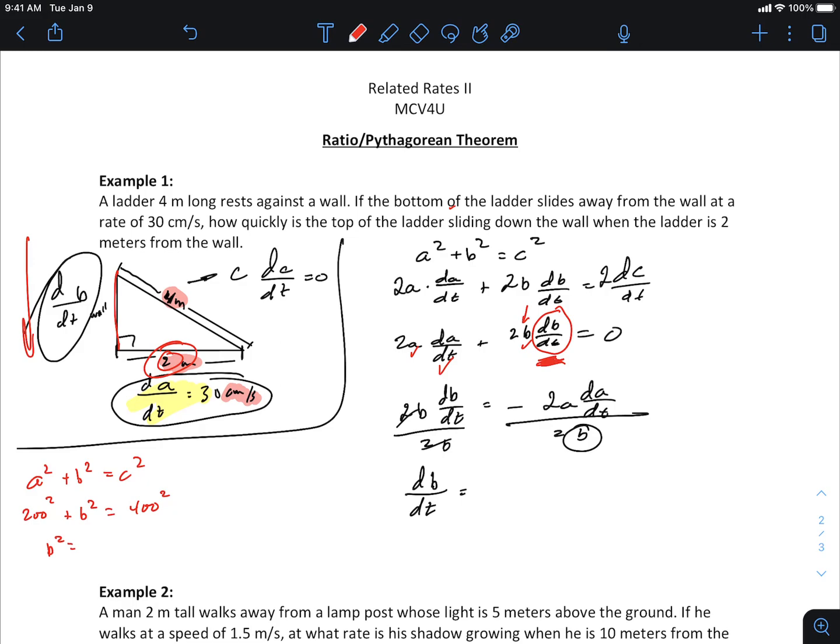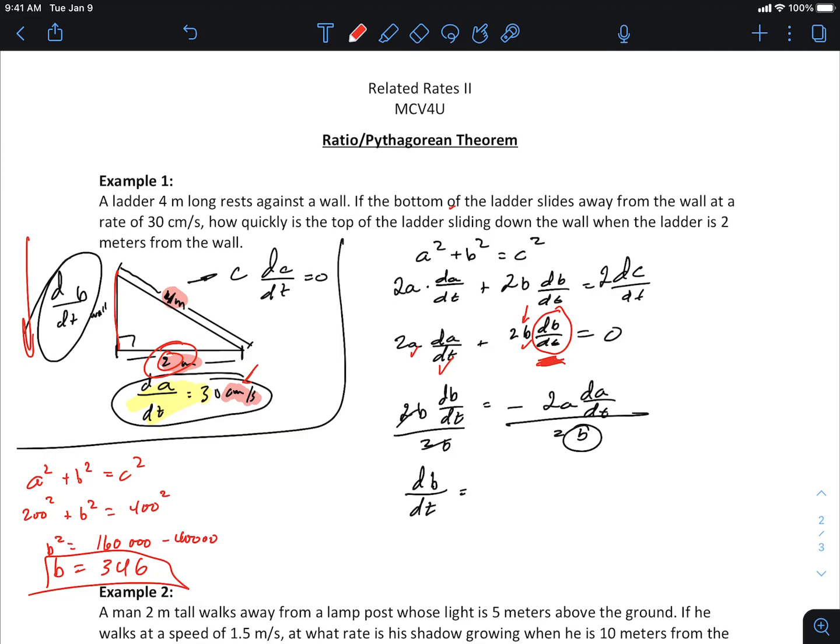Okay, we're going to get 160,000 minus 40,000, which is 120,000, and B would equal the square root of that. So B is going to equal 346 centimeters. Okay, guys, so just be careful. You can't just be mixing units around like what I was going to.